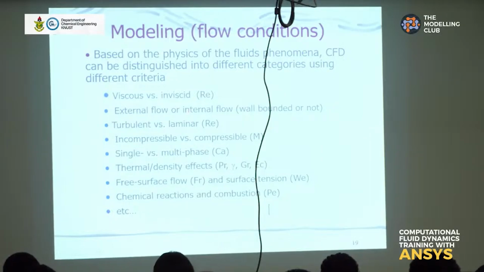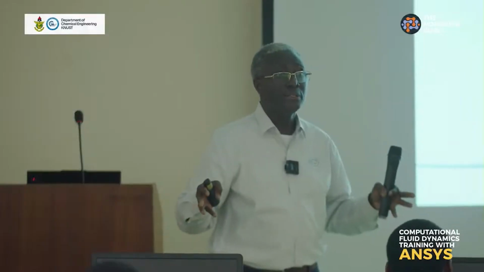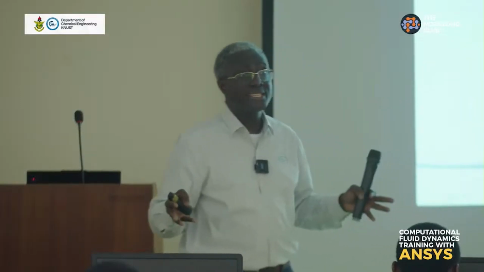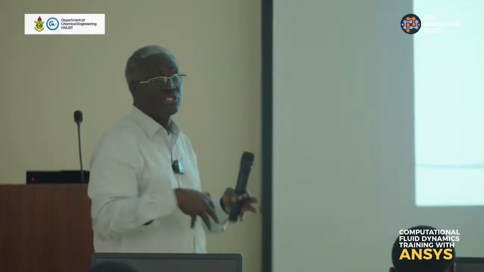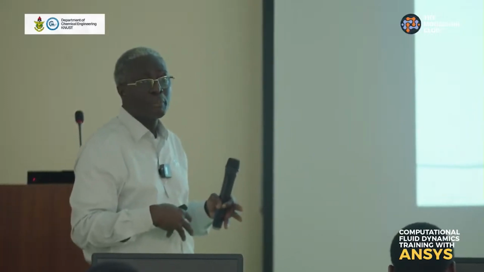Another example of external flow is the flow over an aircraft, over the F-18 jet, or the flow over an automobile. Those are all external flow. We are looking at the effects of the fluid flow over the structure.